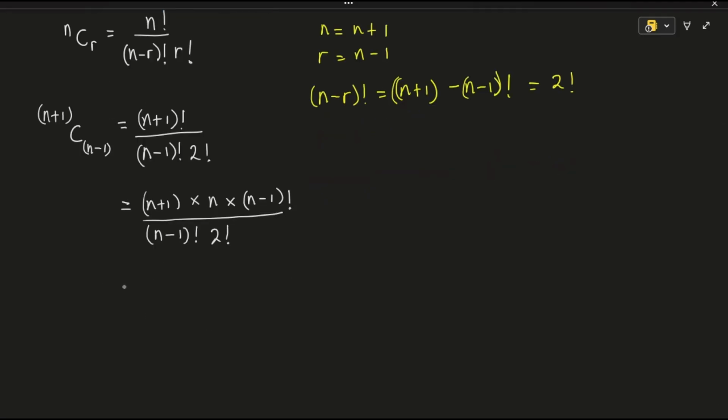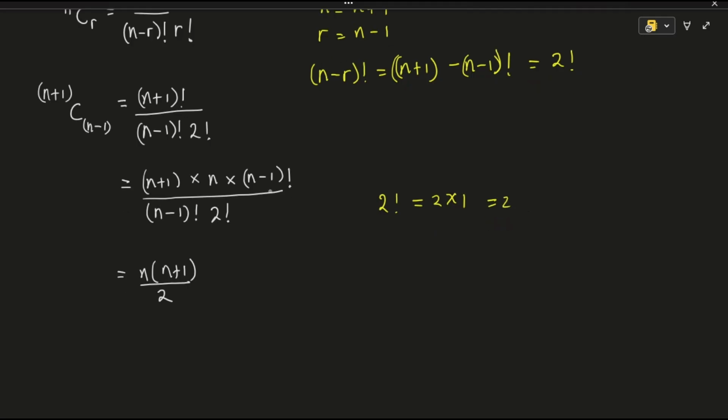So if we are to simplify, we're going to get n into brackets n plus 1 over 2, because 2 factorial is equal to 2 times 1, which is 2. So the left side of the equation or expression can be expressed as that.